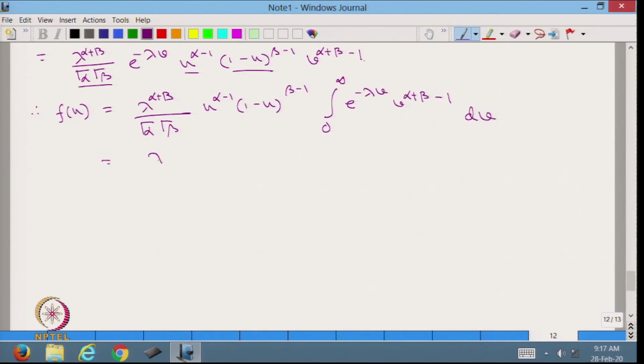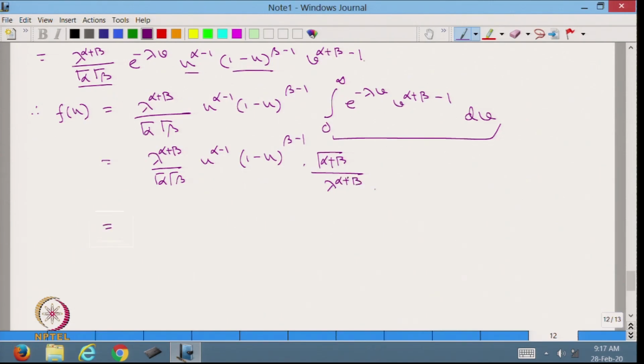Again using the gamma integration we get gamma alpha plus beta upon lambda to the power alpha plus beta.